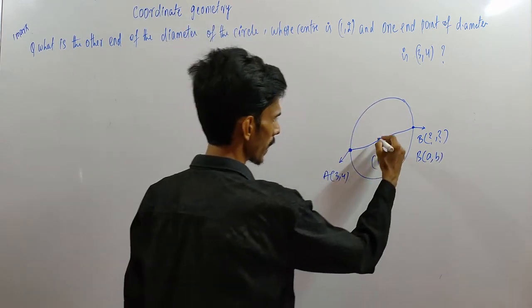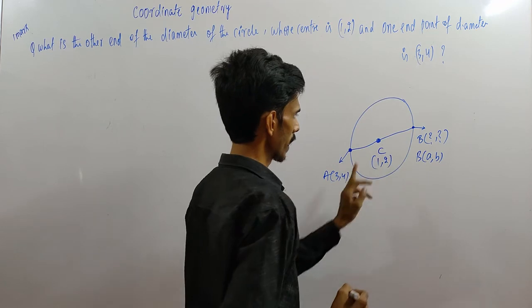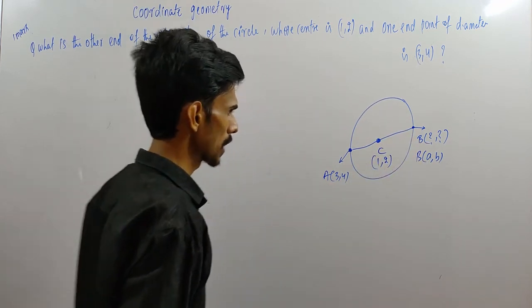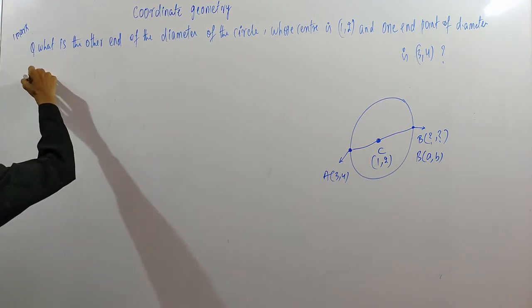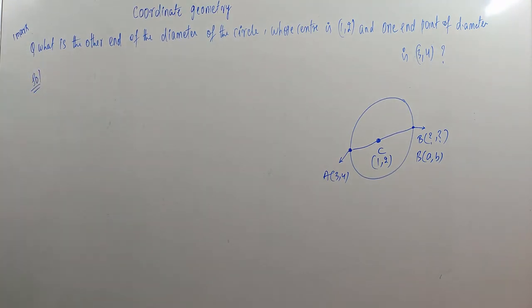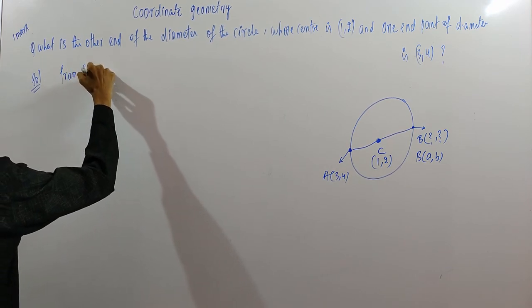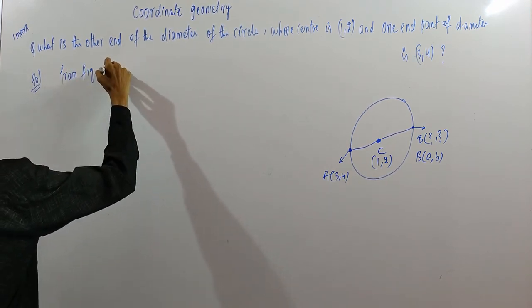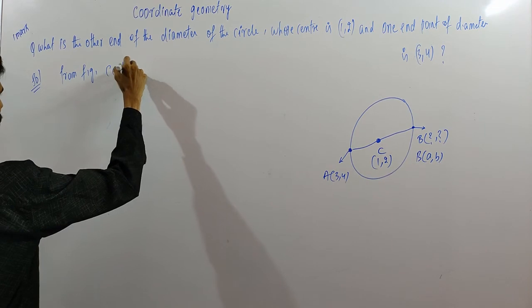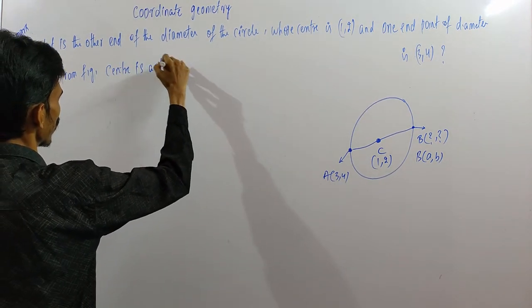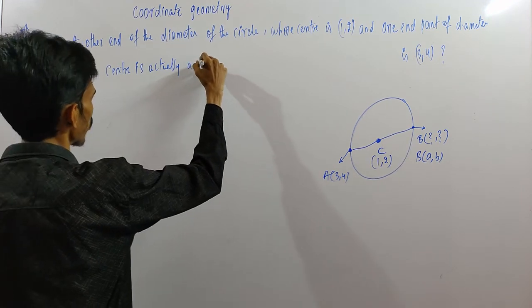Now this center is the middle point of these two ends. So C is the midpoint. Solution from figure. Center is actually a midpoint.